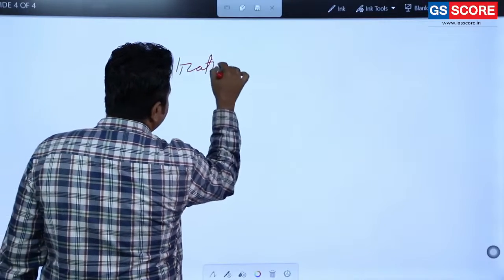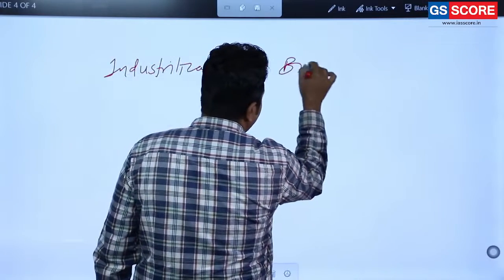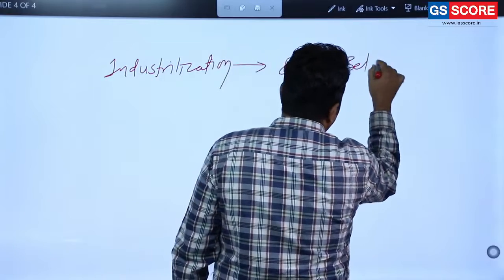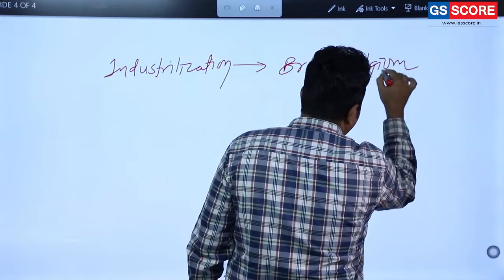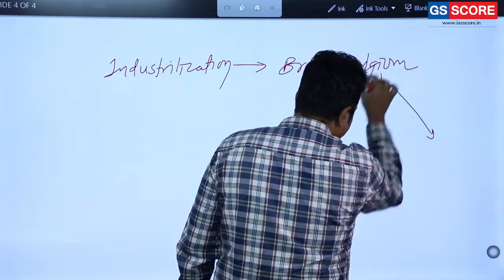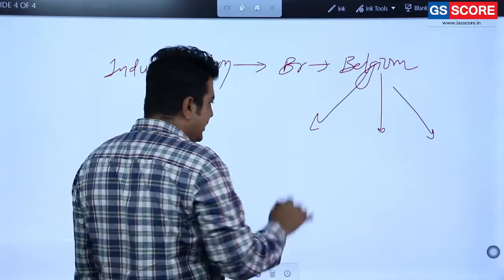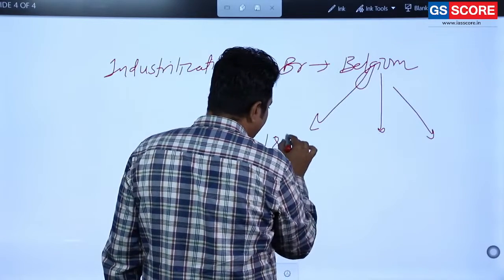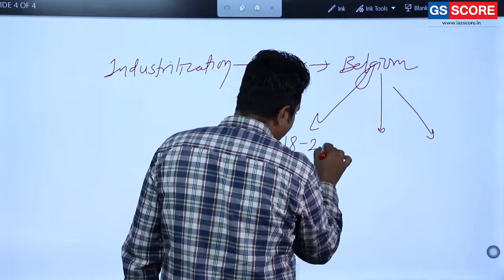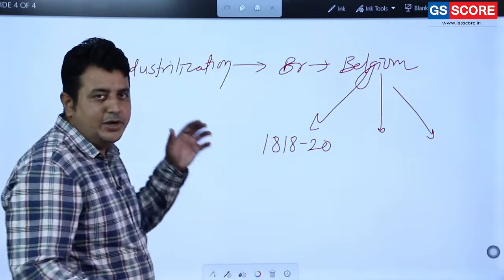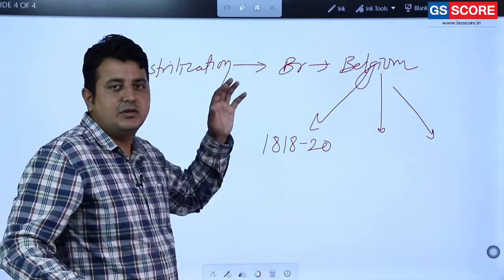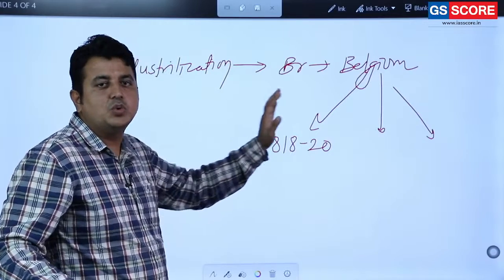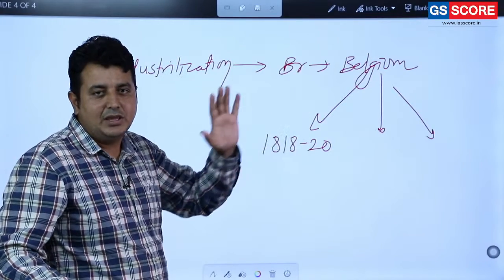The industrialization first began in Britain, then in Belgium, and then it spread to other parts of Europe. And in the same way, in the 1820s, this wind of industrialization was flowing through the northern German area.